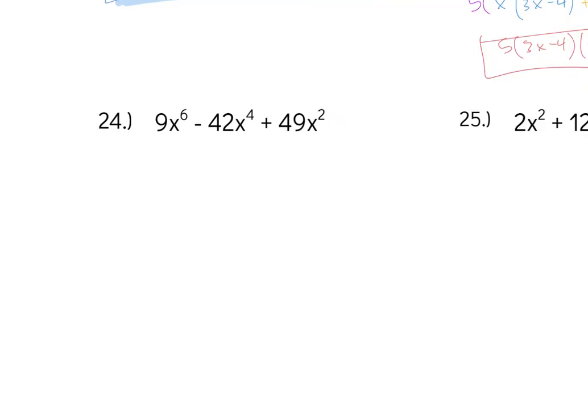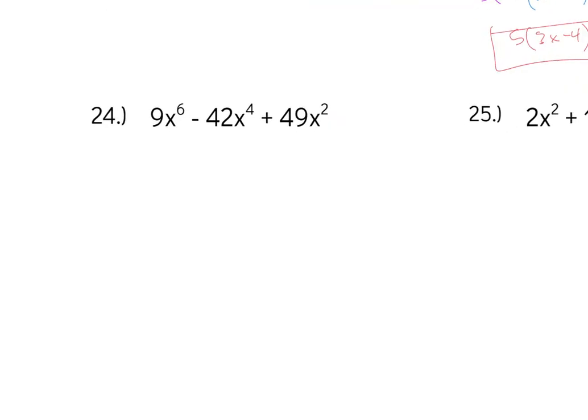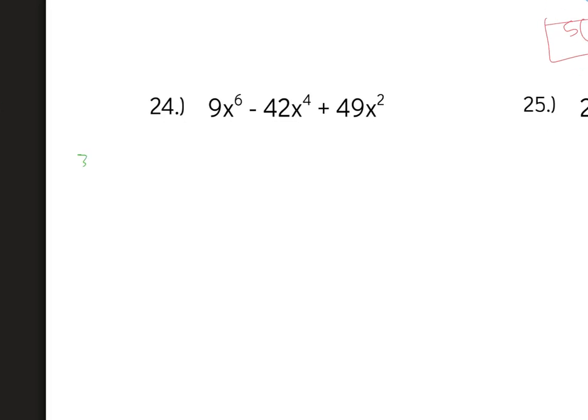Number 24. They all have 3 in common. Let's see if they got anything else. 3 and 3 is 9. 3 and, is it 14? Hang on. Yeah, 3 and 14 is 42. And just kidding, they don't have a 3 in common, because 49 is not divisible by 3.